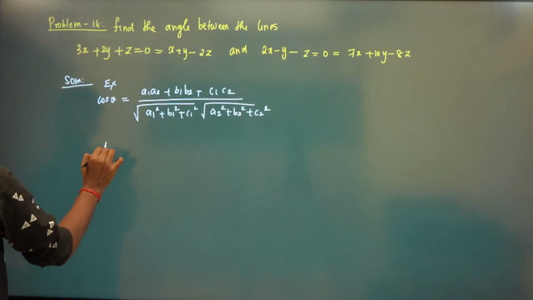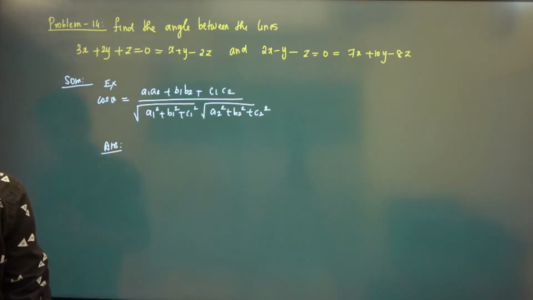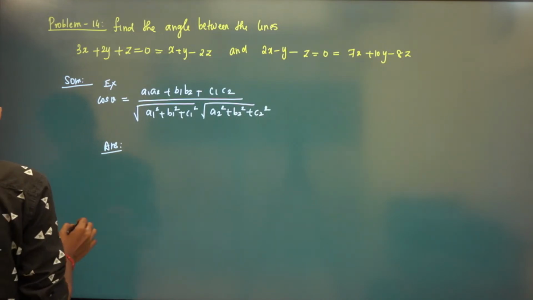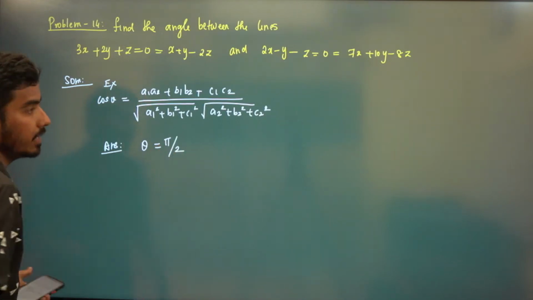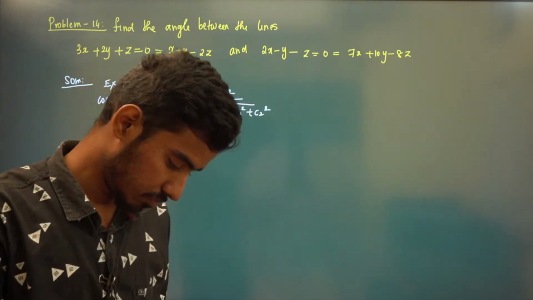You will get the answer to be pi by 2, that is, 90 degrees.